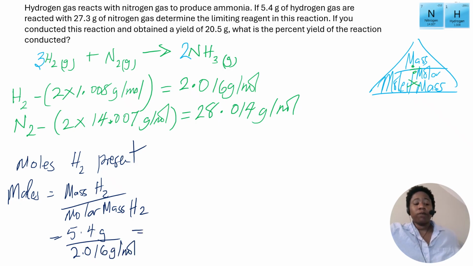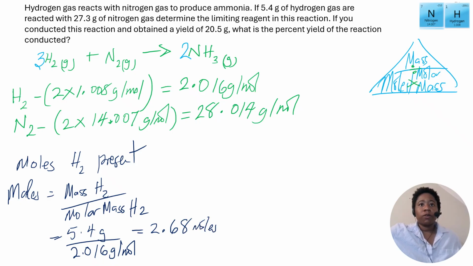We see that our grams will cancel out, and we're essentially dividing 1 by per mole, which will give us moles. 5.4 divided by 2.016 is going to give us an answer of 2. Let's keep it to 3 significant figures. 2.68 moles of hydrogen.